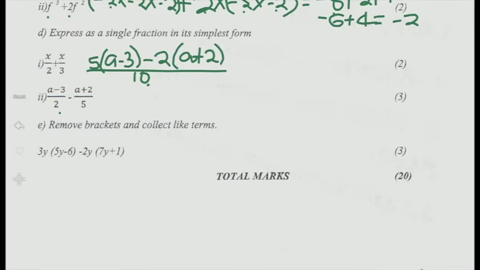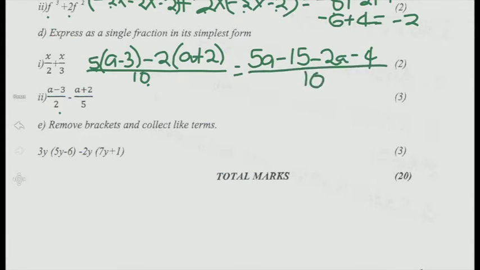So we have to open the brackets. We have 5 times a giving us 5a. 5 times negative 3 giving us negative 15. Negative 2 times a giving us negative 2a. Negative 2 times positive 2 giving us negative 4, because unlike signs when multiplied give us a negative, all over 10.